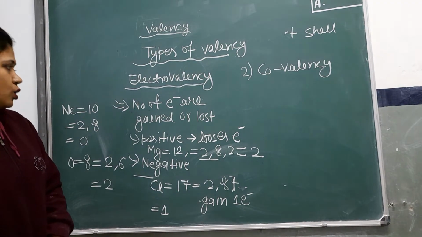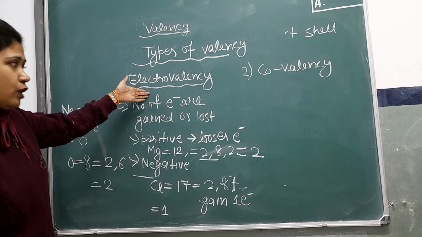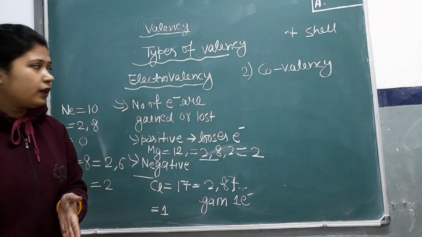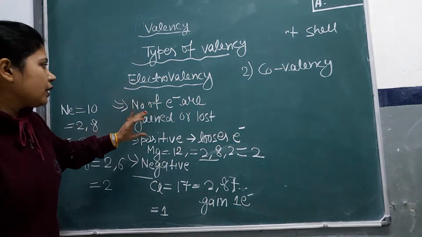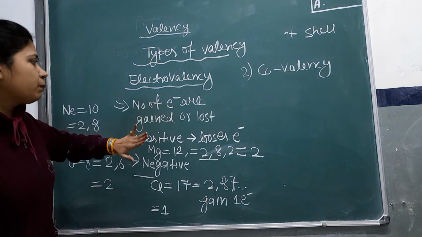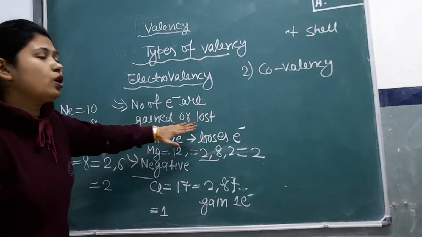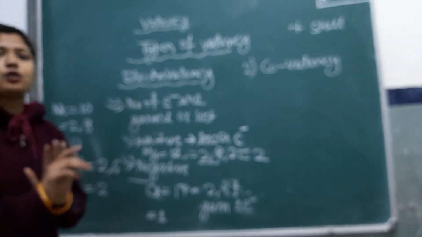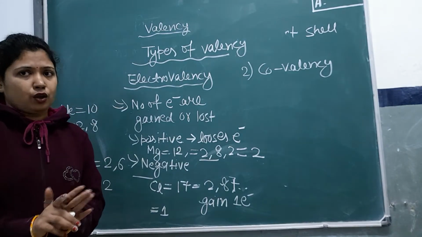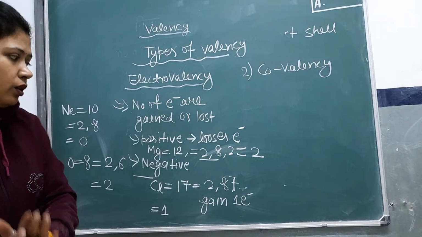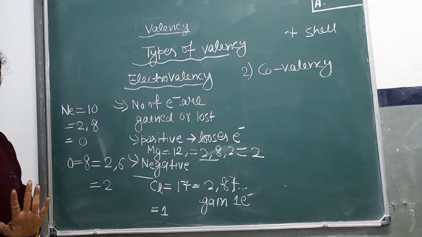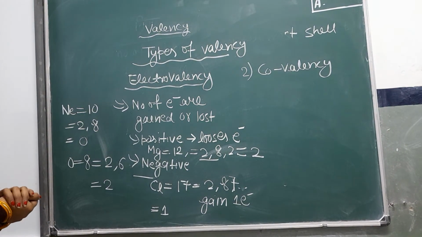So, electrovalency, as I told earlier, is where the electrons are completely gained or lost. In this, there is no sharing of electrons to make a compound. Is it clear? Okay, fine.